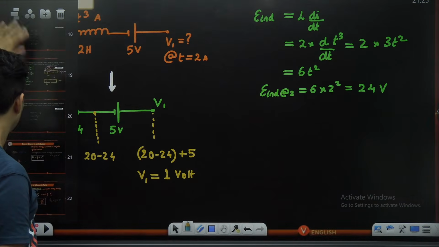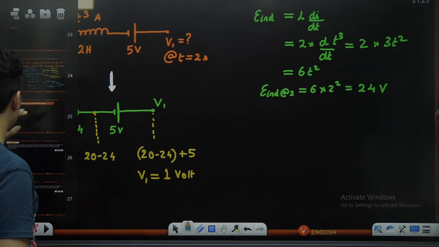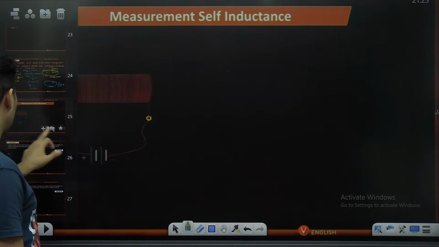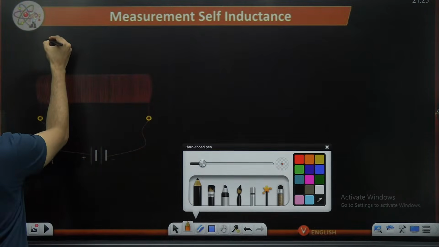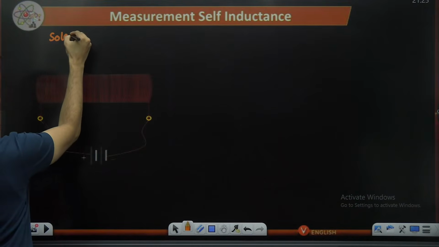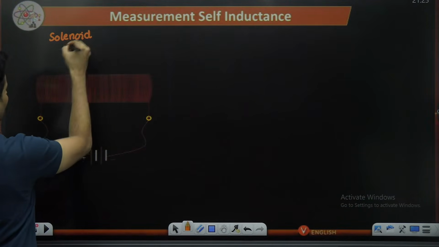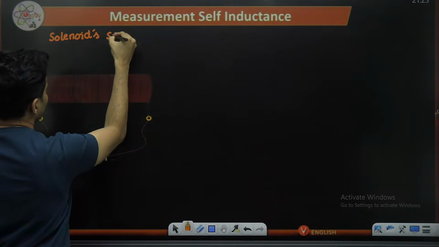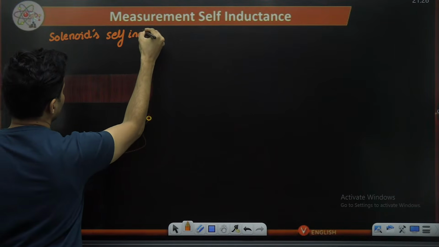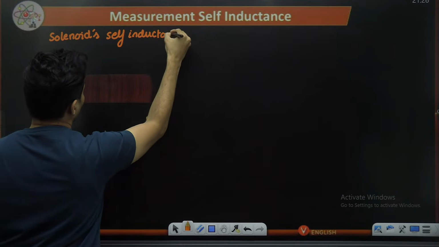Let's take an example of a solenoid, measurement of inductance of a solenoid. So this is our solenoid, and we are trying to find the solenoid's self-inductance.